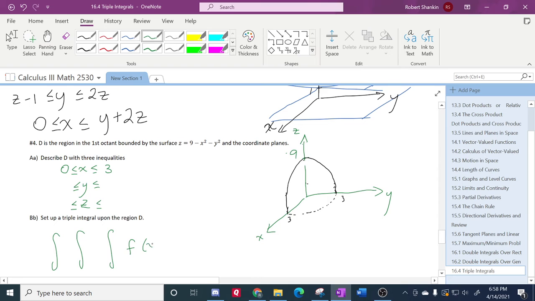We don't know this function, so it'll look like this, dV for now, but we're going to change the dV into dx, dy, dz, but not necessarily in that order. Remember we use a capital D for the region in the domain that we're integrating over. In double integrals, that was a 2-space area in the xy plane. Now it's in 3-space.